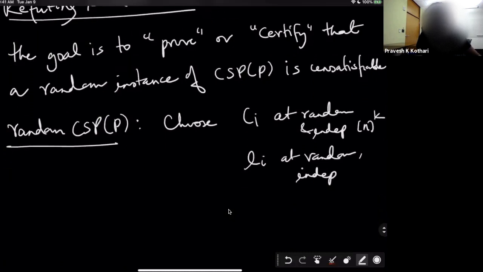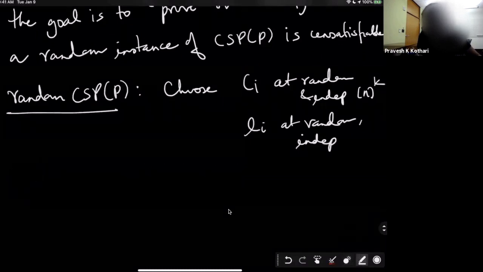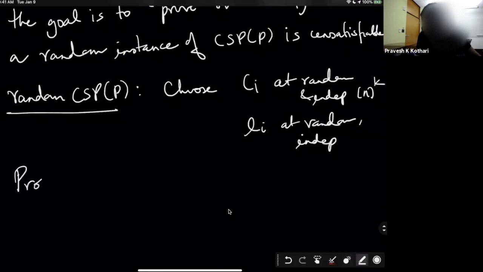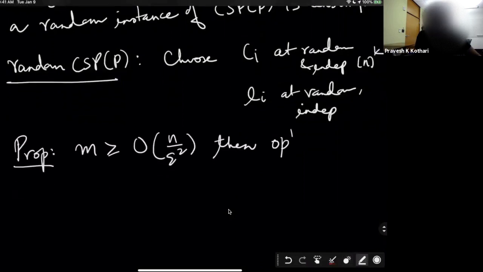Okay. Now, just like we proved the last time, here is a proposition that follows from the same union bound-like argument that we did the last time. If m is bigger than some O of n over epsilon squared, then opt of I for the CSP P is at most, now what should the value be? For 3XOR, remember, a random assignment satisfies about half the constraints.